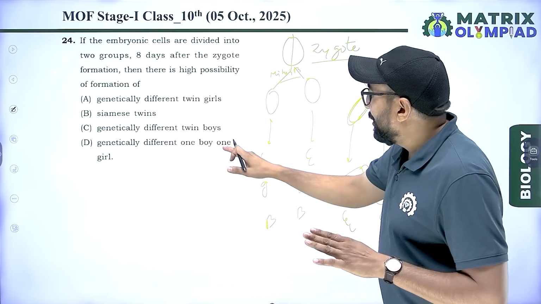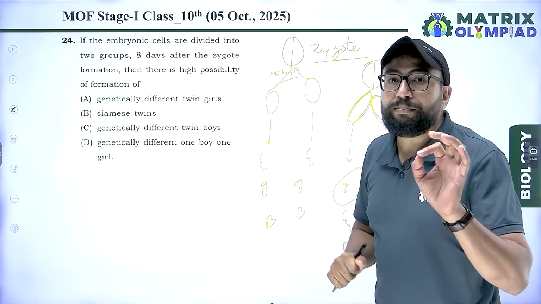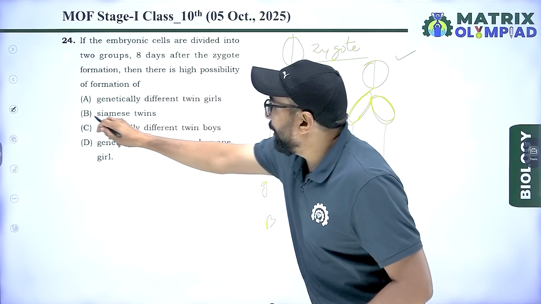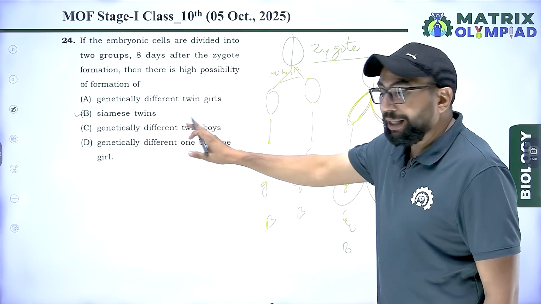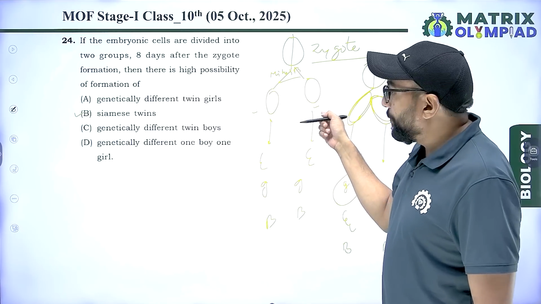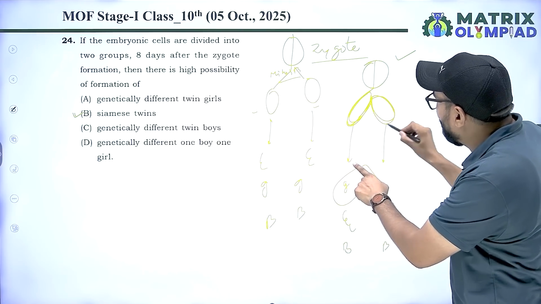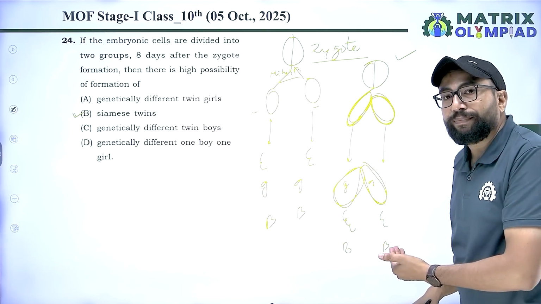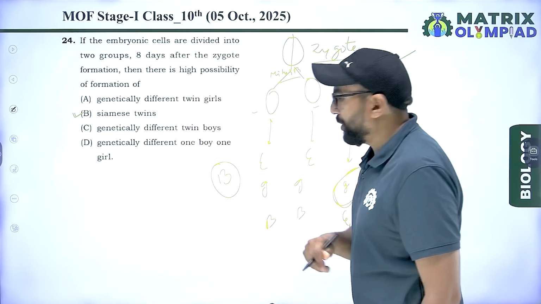No, because these are formed from one zygote. These are called monozygotic twins. So option B is correct. Siamese joined embryos develop into two girls or two boys, genetically identical. Option B is the correct option.